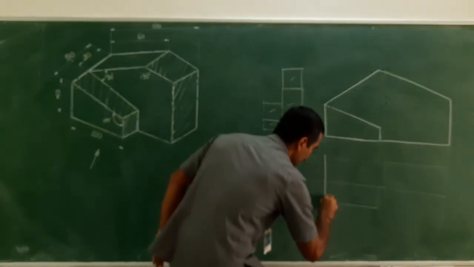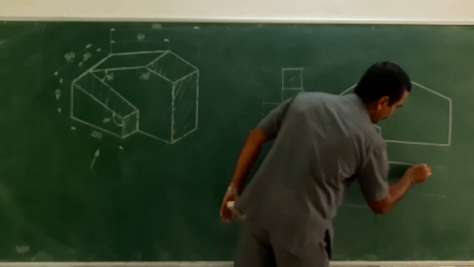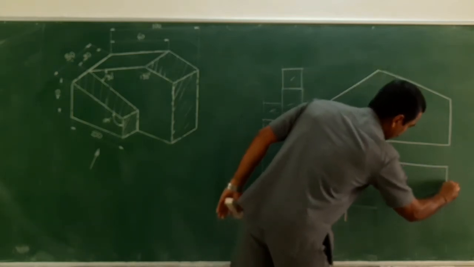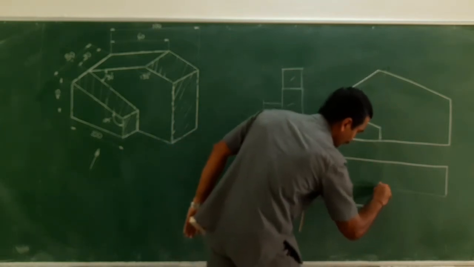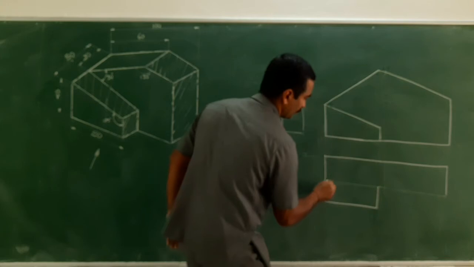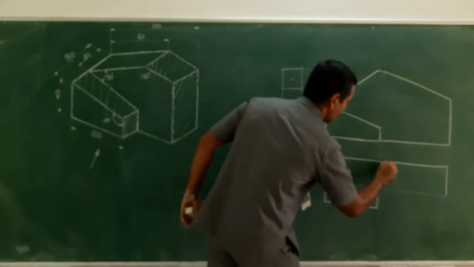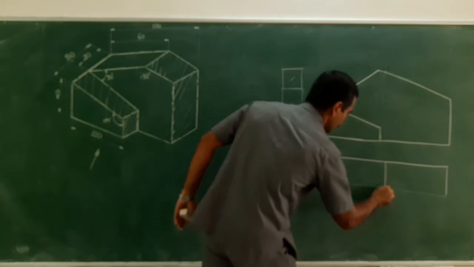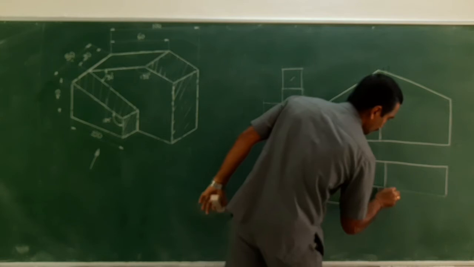top view, the boundary. These are outlines, isn't it? So up to here, this is visible. This portion is also visible, and this portion is also visible.